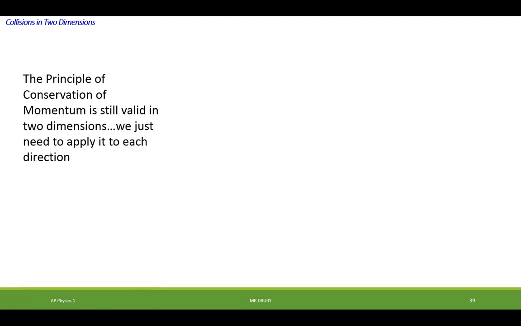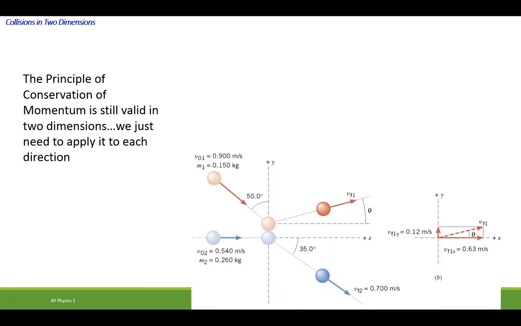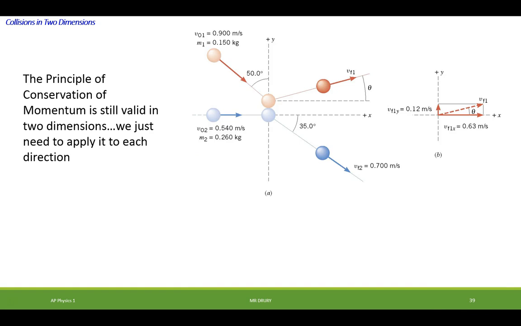Now, I just want you to understand that the principles of conservation of linear momentum can still be applied when the collisions occur in two dimensions. And here's the reason why. Let's look at this one object here. This is the final velocity of object 1 after colliding. So you get one object coming in and colliding with another object. They both move off in different directions. But let's look at this one object.